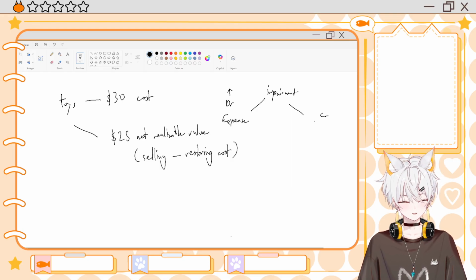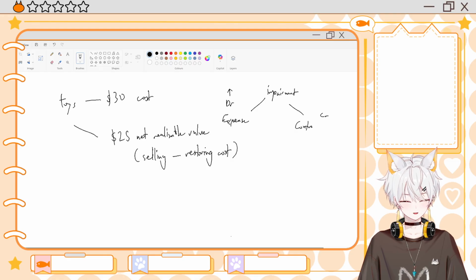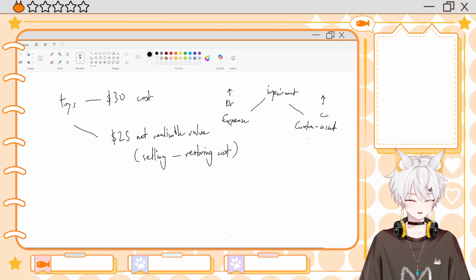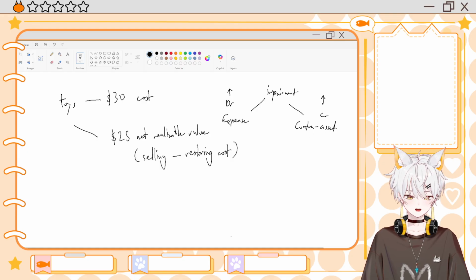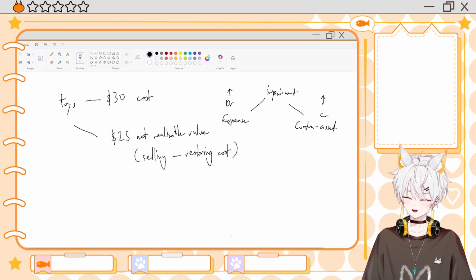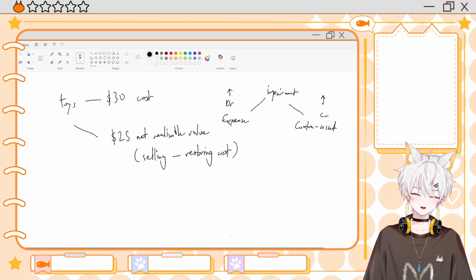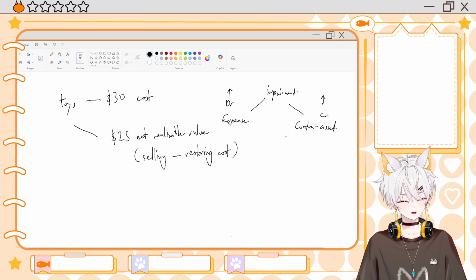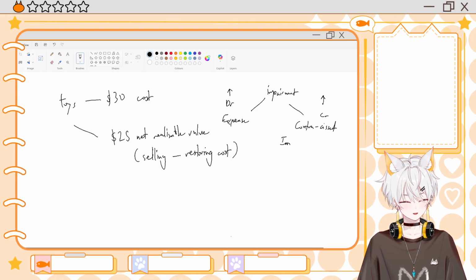What you credit here is what they call a contra asset, which is not a liability. It just means you subtract it from the value of your asset. The proper name for the contra asset is accumulated impairment loss.